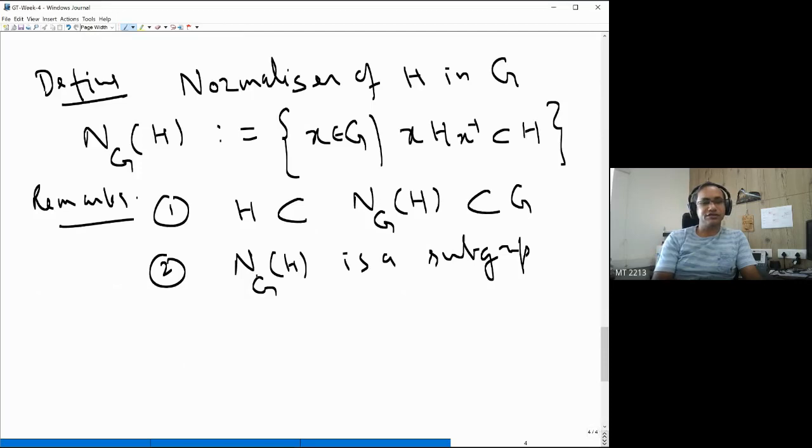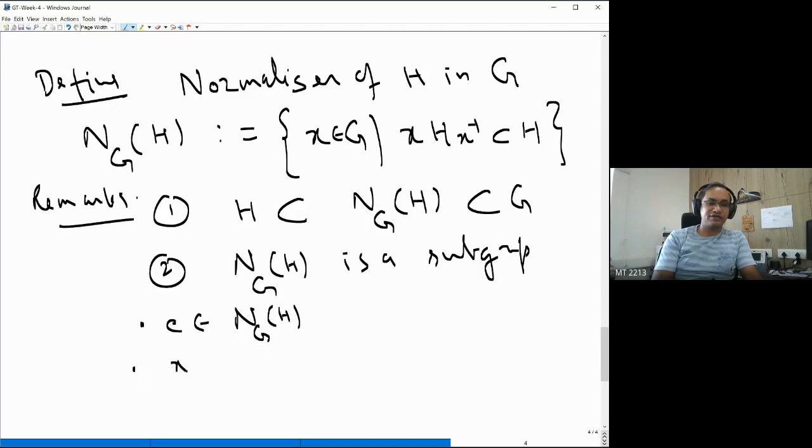Is this clear? We need to verify the properties of a subgroup. So clearly identity belongs because of this first property that the whole of H belongs. So identity belongs here. Check that identity belongs to the normalizer of H in G.